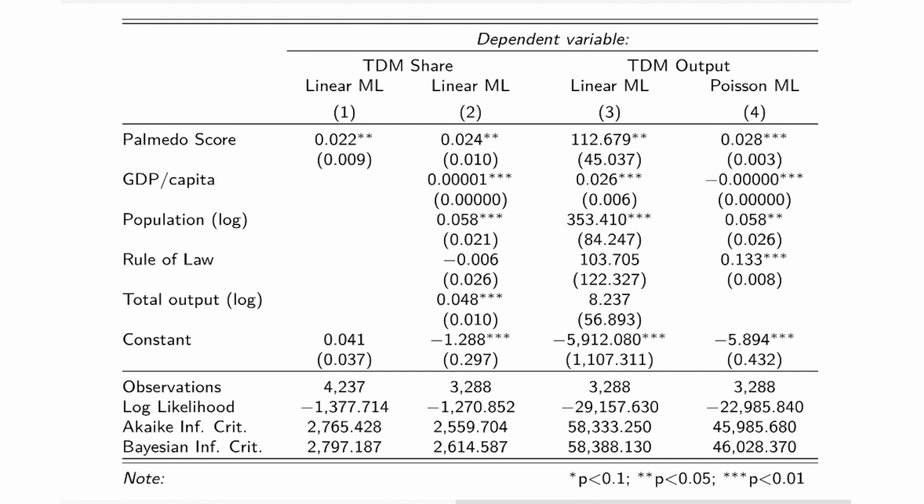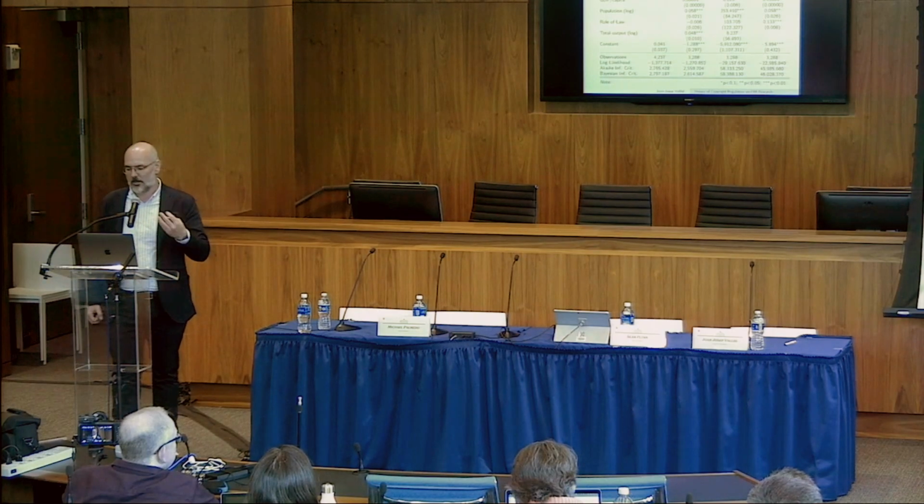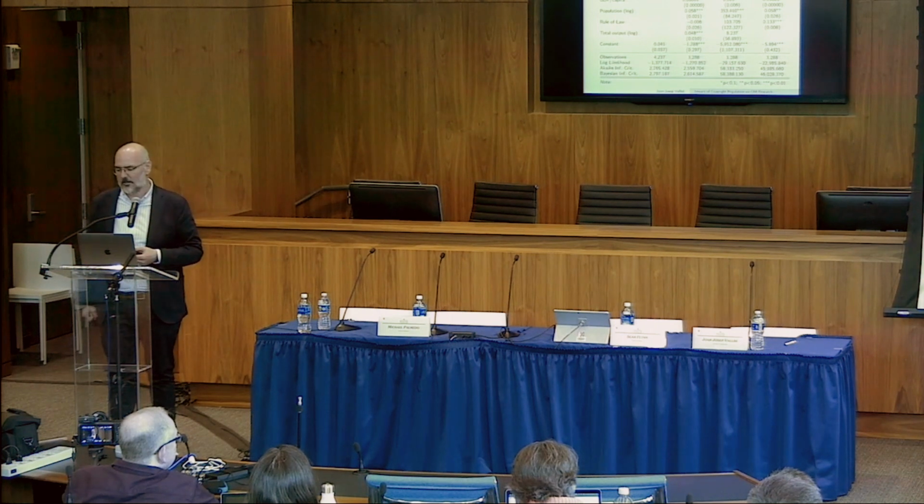In the third model, we also fitted a linear model, but using the total number of data mining papers as the dependent variable, and the results are quite similar. They are positive. Finally, these results are also supported by the Poisson model, which tells us exactly the same story. So as much as we fit different models using different independent or control variables, we mostly find exactly the same results, which is rather positive.